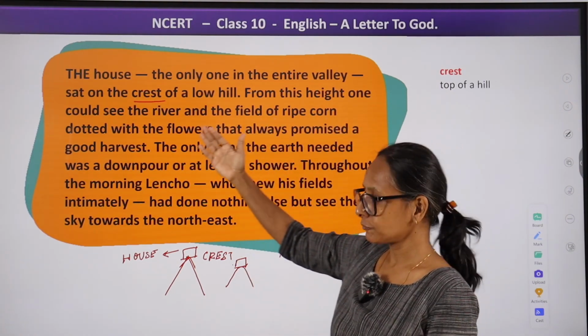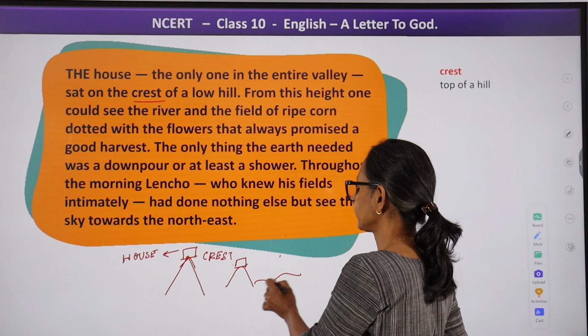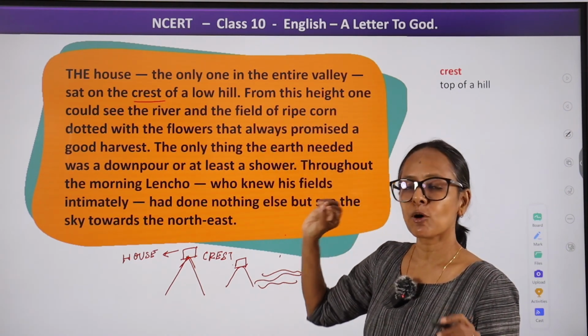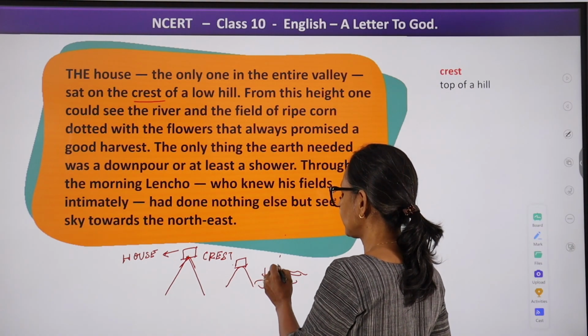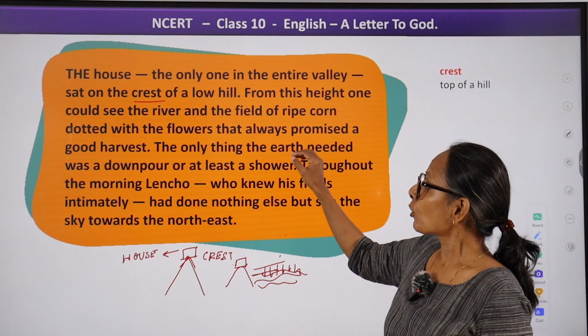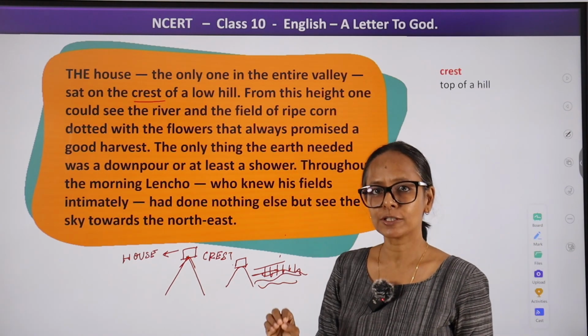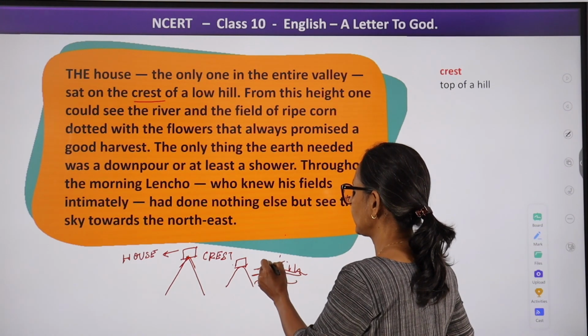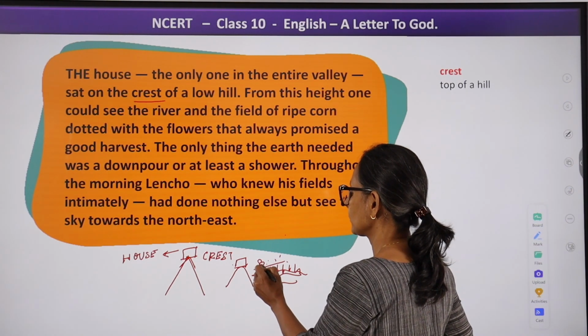We can see the river, this river that's flowing, and the field of ripe corn. So we have a field of corn growing here on the side of the river, dotted with flowers. Dotted means it's growing here and there. You can see flowers in the field growing here and there beautifully.